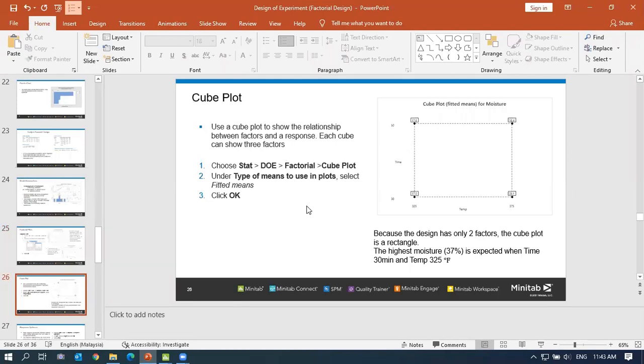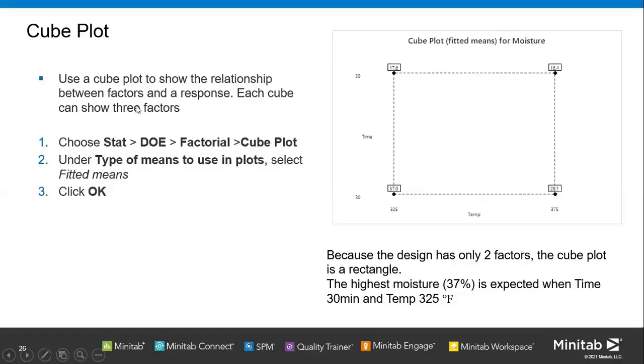Cube plot is something you use to show the relationship between the factors and your response. It can show three factors. This time around we just play with temperature and time, only two, so you can get the rectangle cube plot only. If you have three, we have something like 3D for the cube plot here.